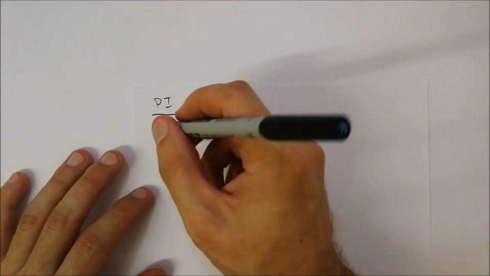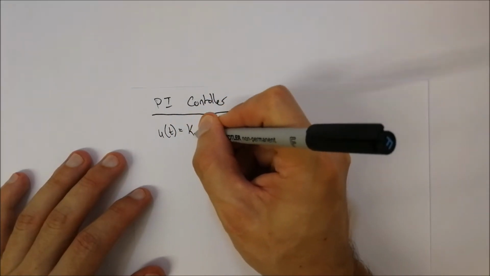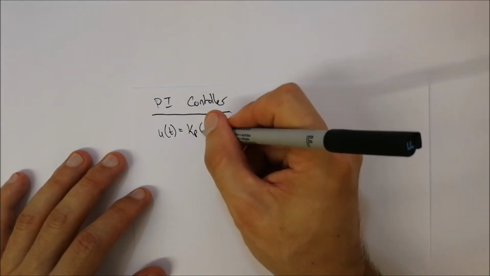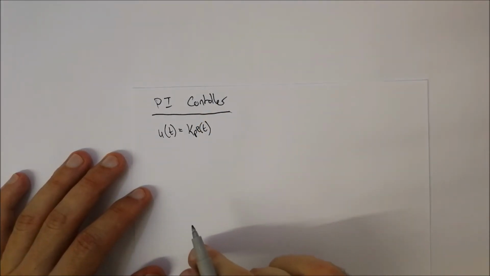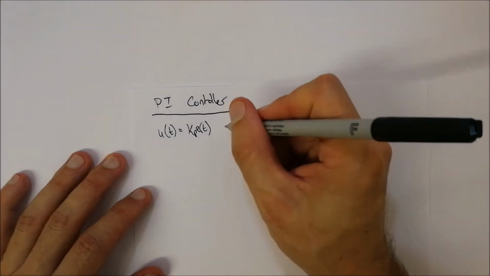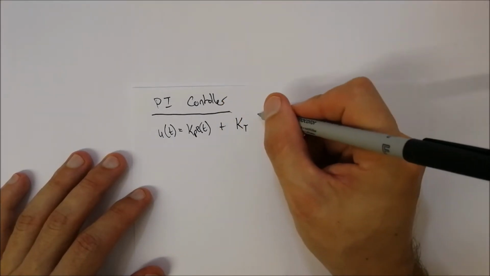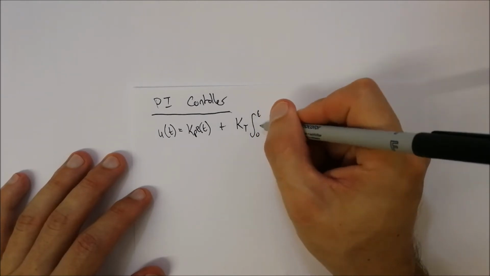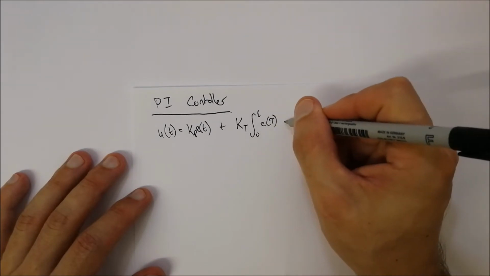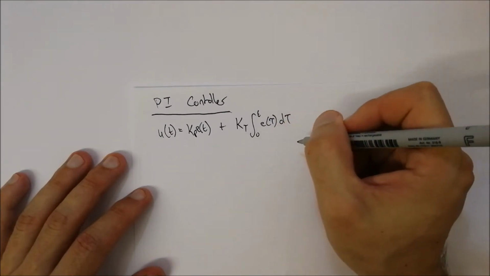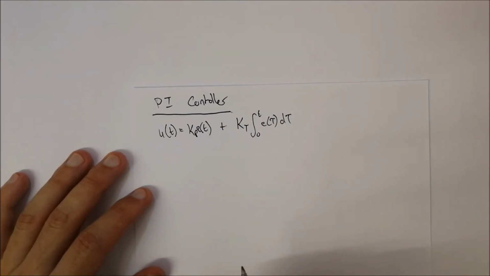For this one you've got the equation u of t is equal to Kp e of t, which we already know is for proportional controllers, and we add that to our Ki integral from 0 to t of e of tau d tau, because that is your integration part of it.